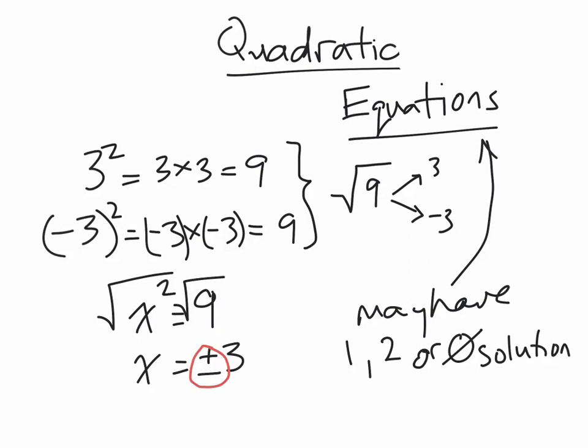We can get into this more when we get to graphing quadratics, and I can explain this a little better visually. But here's a quick example of a quadratic equation with 2 solutions.